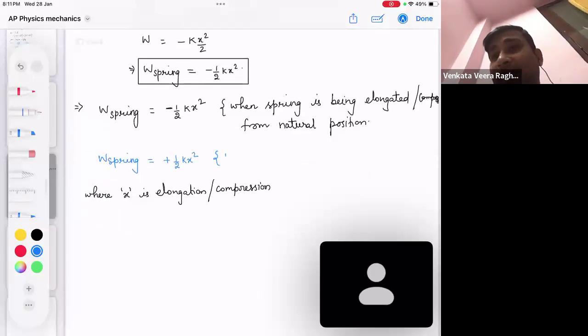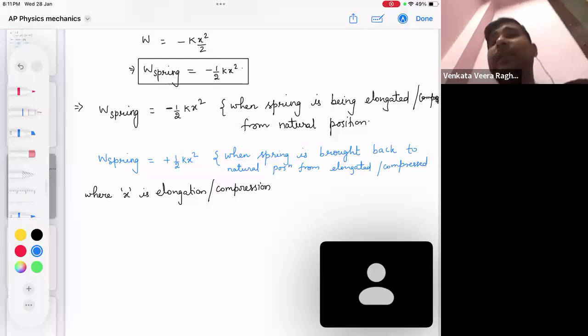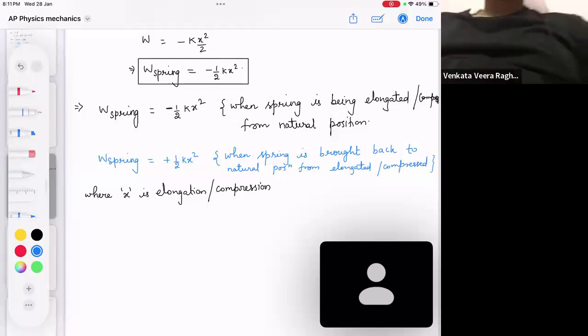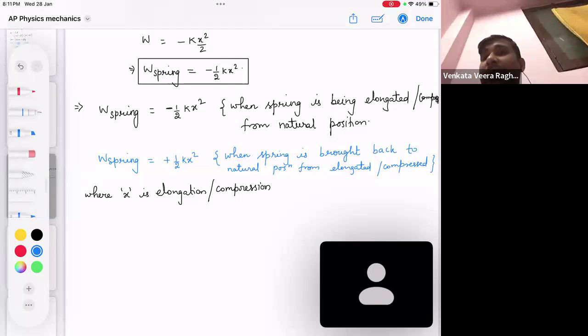So in that case, work done by spring will be positive. So the work done by spring is positive when the spring is brought back to natural position from the elongated or compressed state. From both states, whether the spring was initially elongated and now it is brought back to the natural position, the work done by spring will be positive.